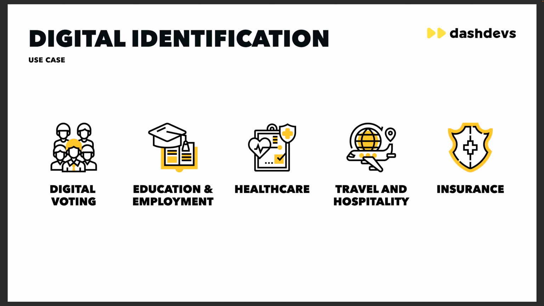blockchains and distributed systems in general is digital identification. So a very good example of digitalized identification is Estonian e-government, where they have implemented fully electronic government and electronic digital identification based on the blockchain, where you as a person can receive a digital identity, and you can use it for digital voting, education, employment, healthcare.